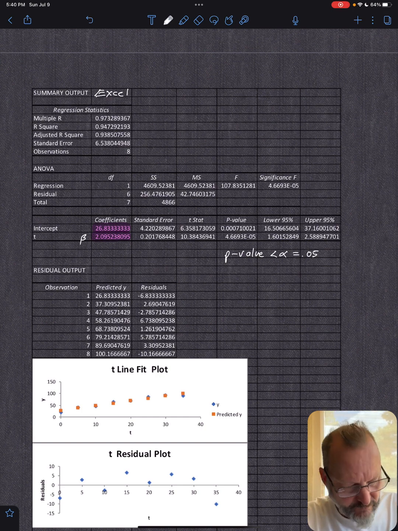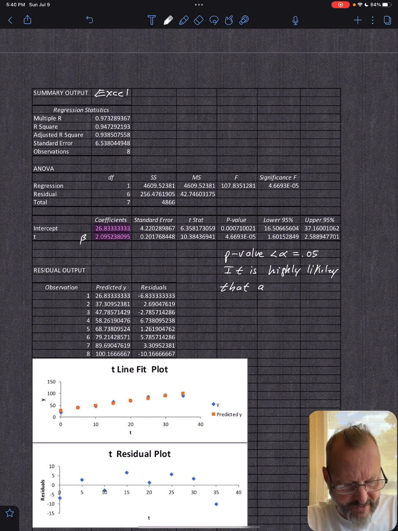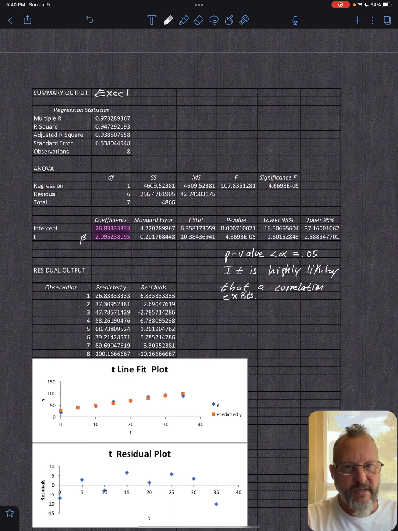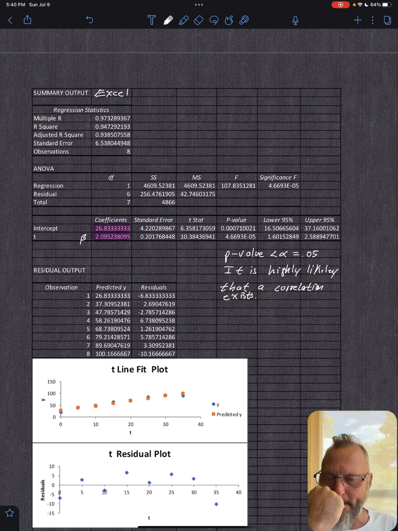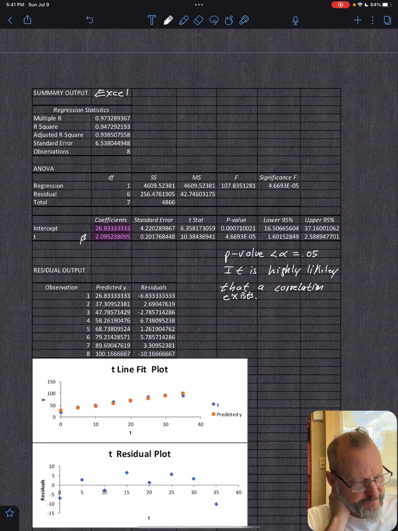So I would say, therefore it is highly likely that a correlation exists. And the other thing they might say is that it does not occur by chance.